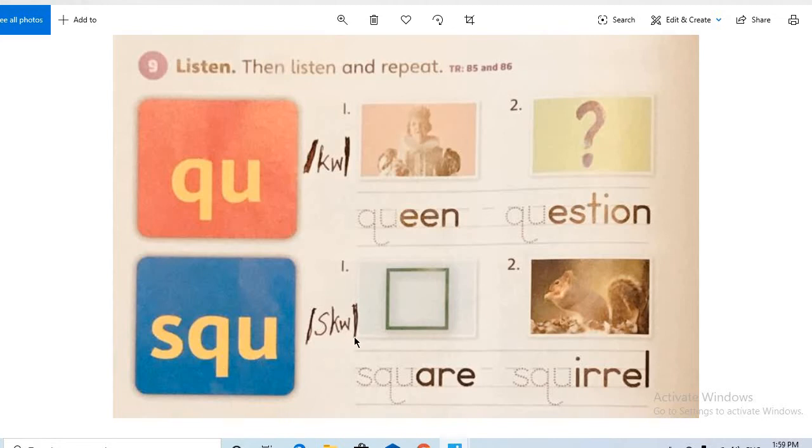SQU: squat, squat. 1. squat, squat, square. 2. squat, squat, squirrel.